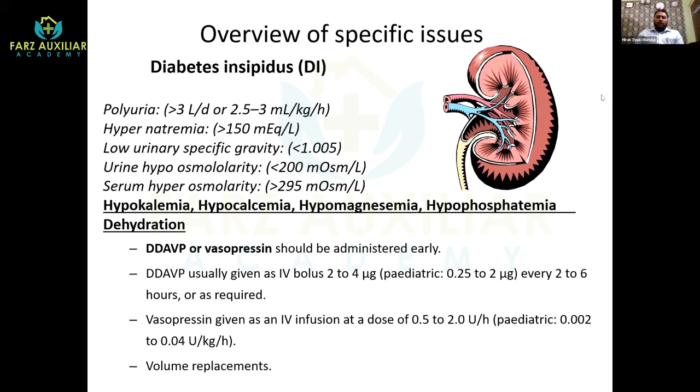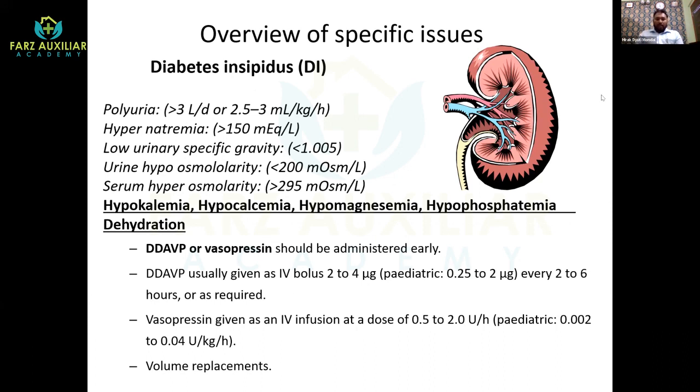Another important area where you can get a question is diabetes insipidus. The kind of diabetes insipidus in this kind of patient is central diabetes insipidus, where you get polyuria or hypernatremia. This slide shows the criteria for diabetes insipidus, and it is associated with dyselectrolytemia that should be treated accordingly.